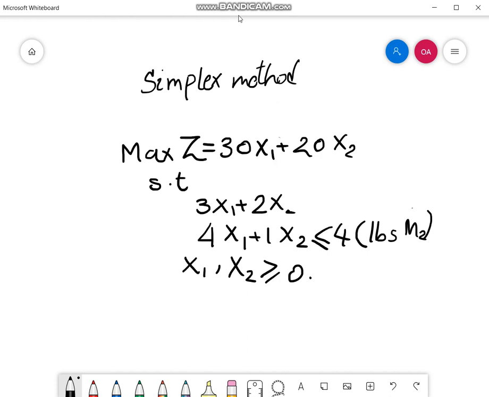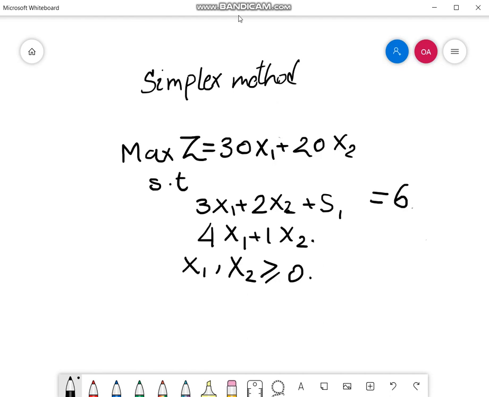This slack variable represents the resources we have here, and this resource contains the whole labor hours needed. So this is the slack, like an allowance, of how much I have in this resource.